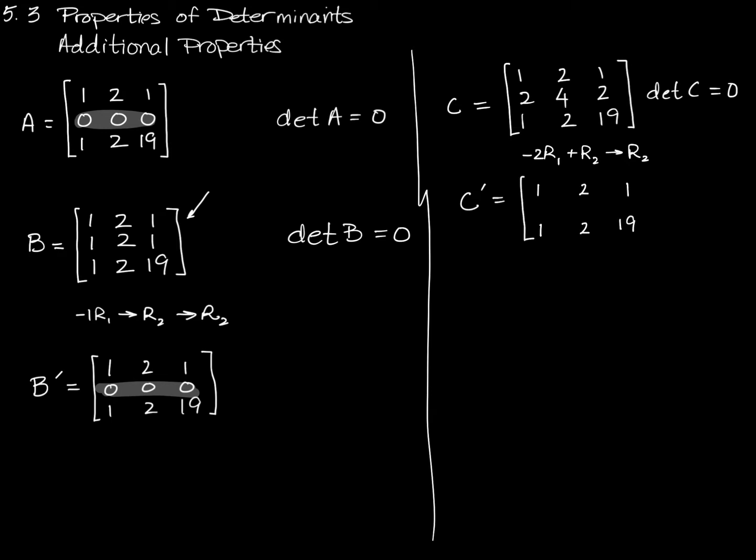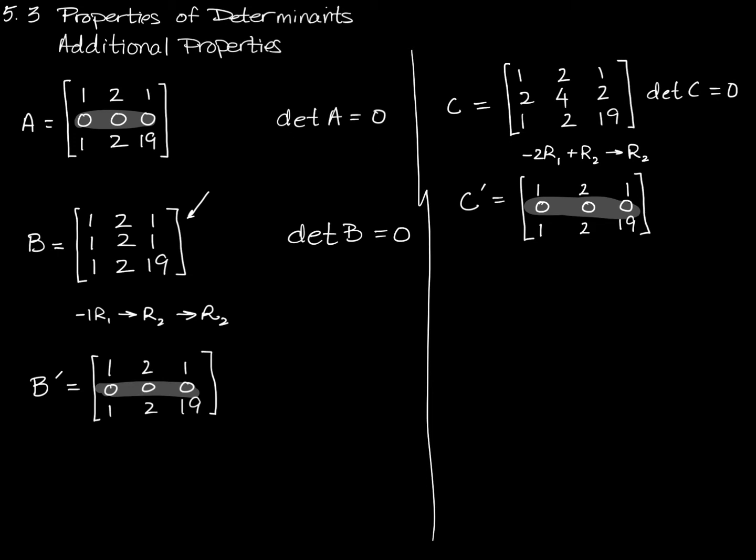Row 3 doesn't change, but row 2 is now the opposite of 2 times row 1. That's going to be -2, -4, -2, added to row 2, which is 2, 4, 2, and so that's a 0 row also. I'm just using elementary row operations to demonstrate why each of these properties holds.